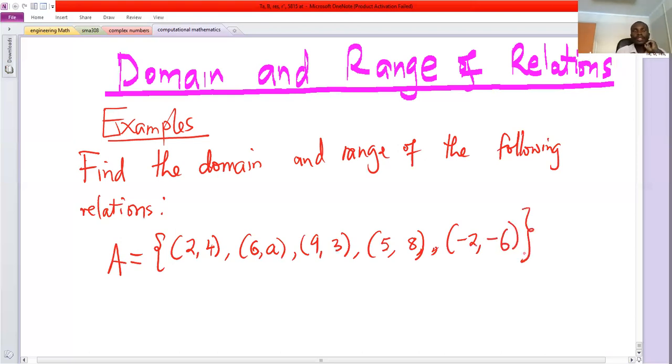If you remember, in the last session, we gave the definition of range and domain of a relation, whereby we said the domain of a relation is a set of all first members in the pairs which form the relation. And then the range is a set of all second members of each pair in the relation.